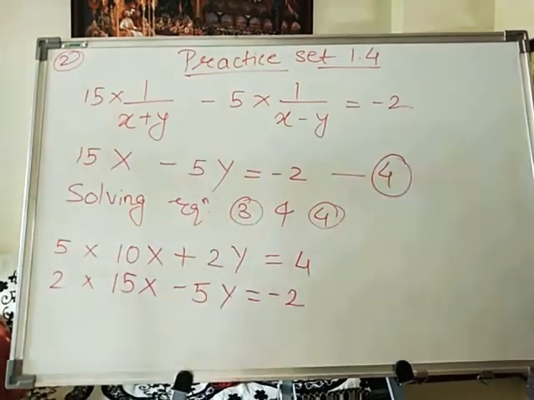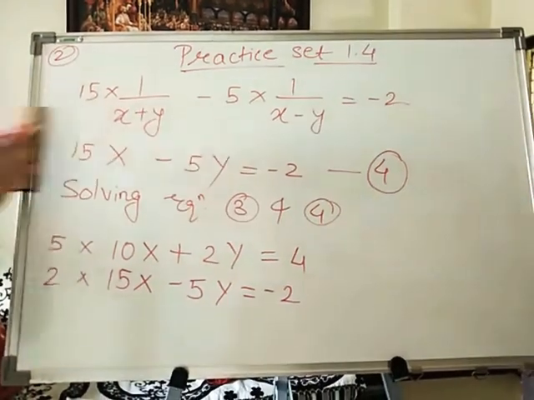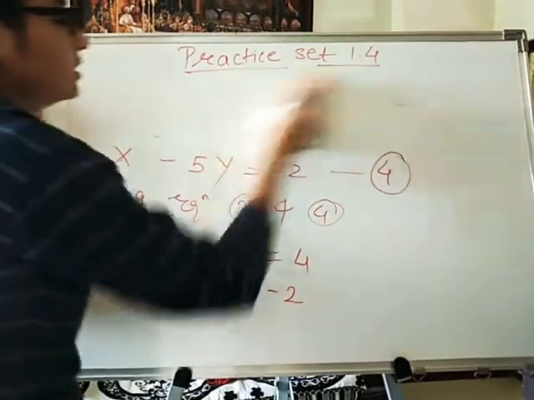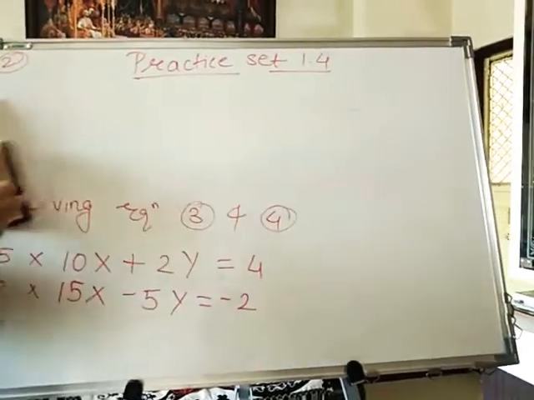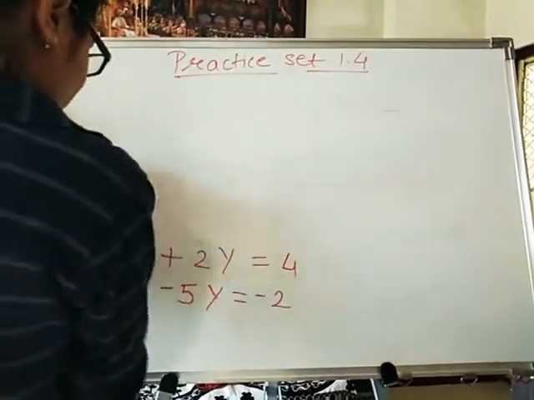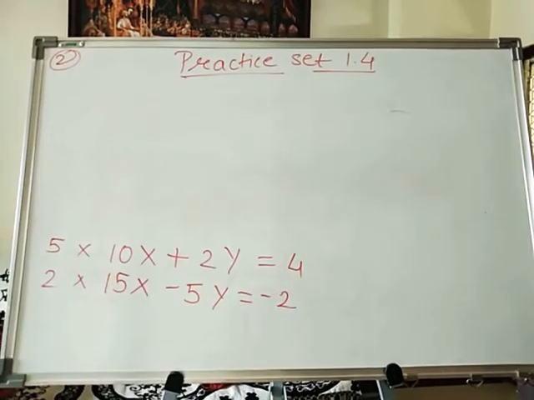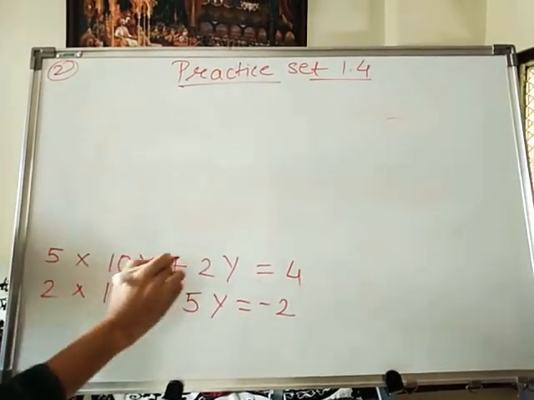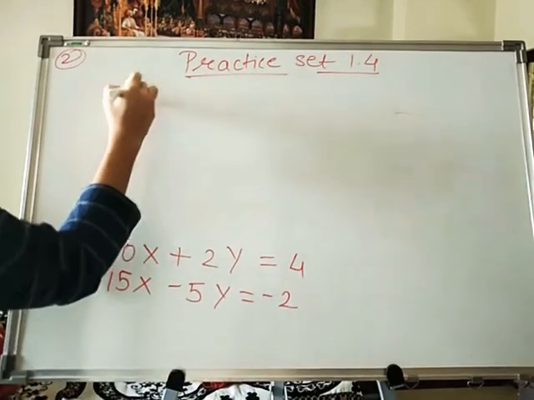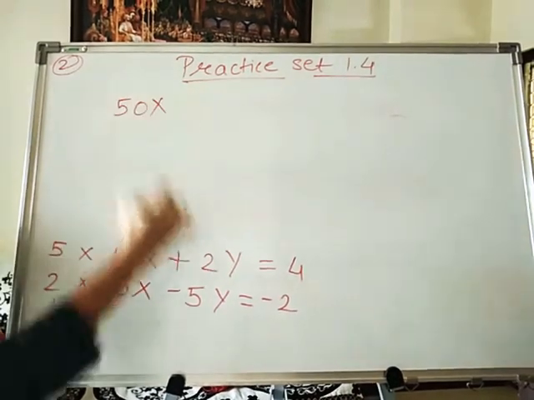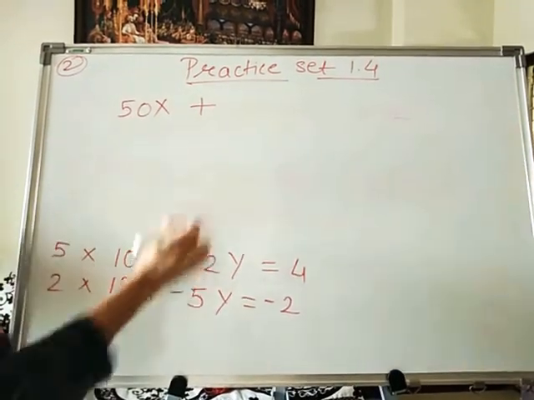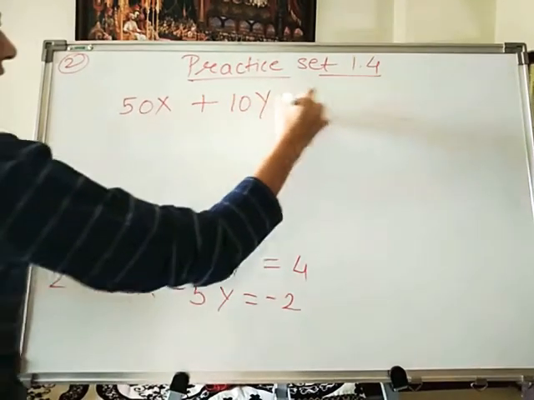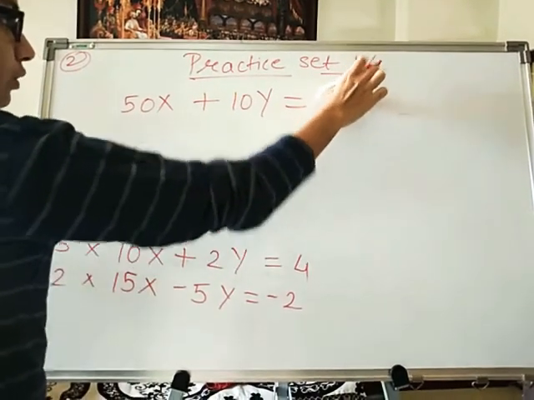So using this method now, what will be equation number 3? 5 into 10, 50X plus, as it is, 5 into 2, 10 capital Y is equal to 5 into 4, 20.